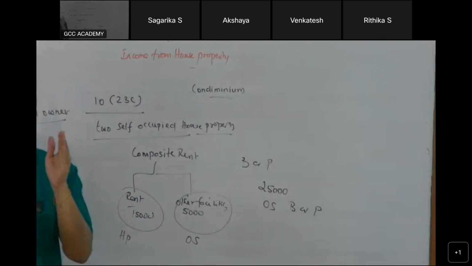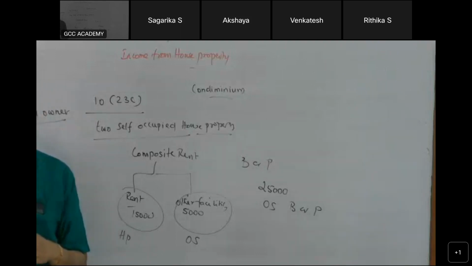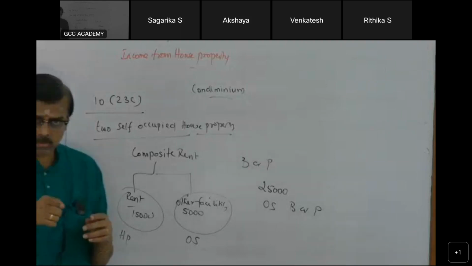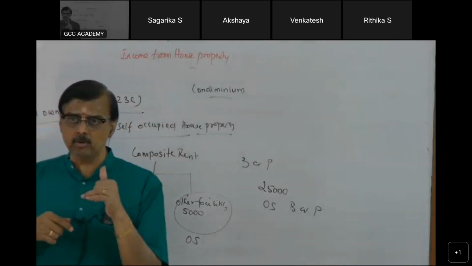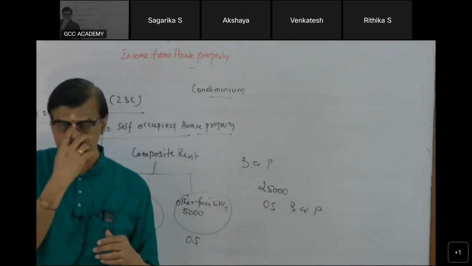Understood? So Mr. X transfers the property in his wife's name. Then the income from property will be taxed in the hands of whom? Mr. X or Mrs. X? Mr. X. Because, later we will be discussing a provision called clubbing of income. Almost similar provisions are applicable here.